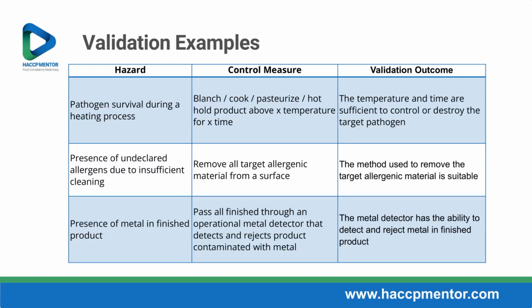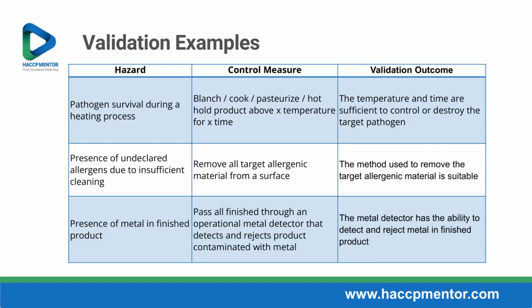So you need to be very clear with that hazard identification and the cause, or source, of the hazard. The control measure we've said here is, and you can use whatever word for whatever process you're doing here: blanch, cook, pasteurize, hot hold product above a particular temperature for X amount of time. That's going to be your control measure.